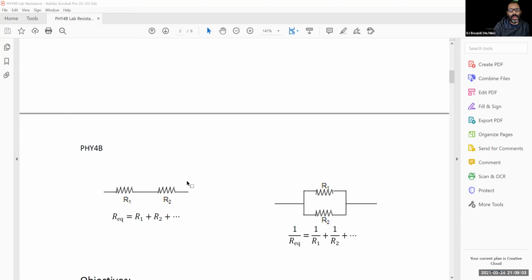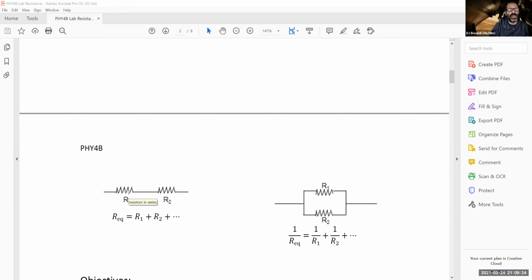So again, when these are in series, the R equivalent is the sum of the R's. When they are in parallel, the R equivalent is the inverse of the sum of the inverses. This we have seen already. This is opposite to what happens with capacitors. So we have seen the theory here on how to connect resistors.